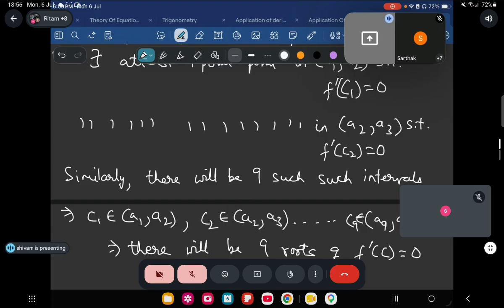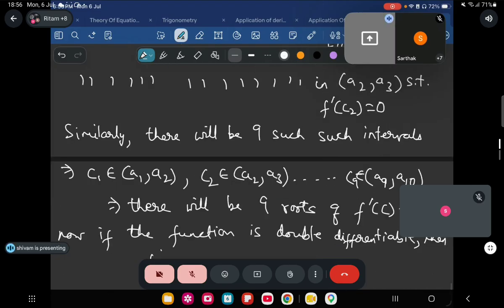Now if the function is double differentiable, then f dash x is equal to 0 at 9 points.